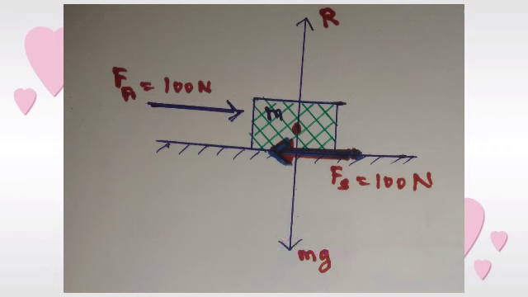To understand the self-adjusting force, we'll take one example. Consider a body at rest on the ground. In order to move the body, we apply a force of 100 newtons. In the opposite direction, a frictional force of 100 newtons acts to stop the body.